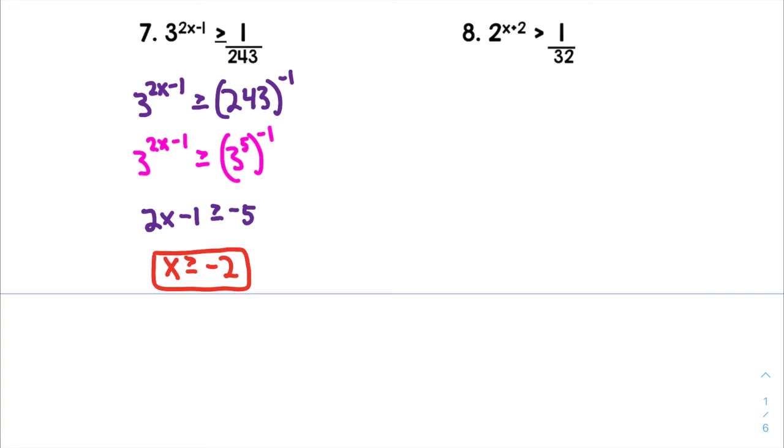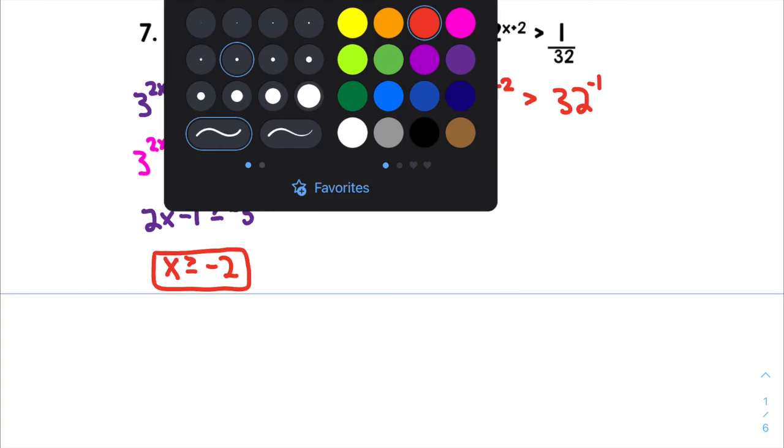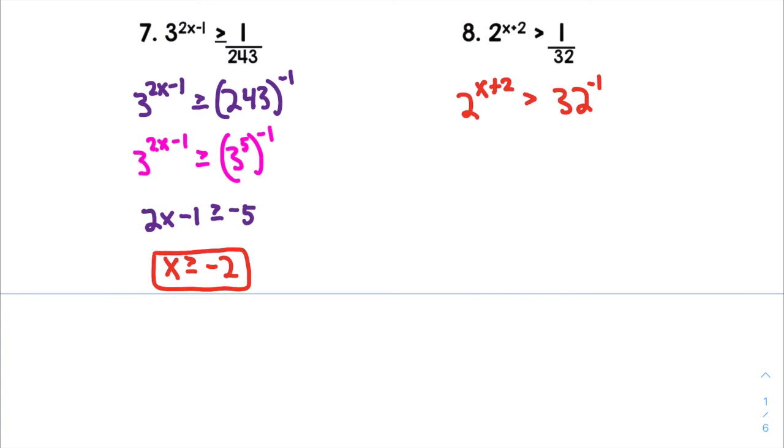Similarly, problem number 8, I could rewrite 1 over 32 as 32 to the negative first, so we have 2 to the x plus 2 power is greater than 32 to the negative first. That will help us create the same bases on both sides of the inequality, since I know 2 to the 5th is 32.